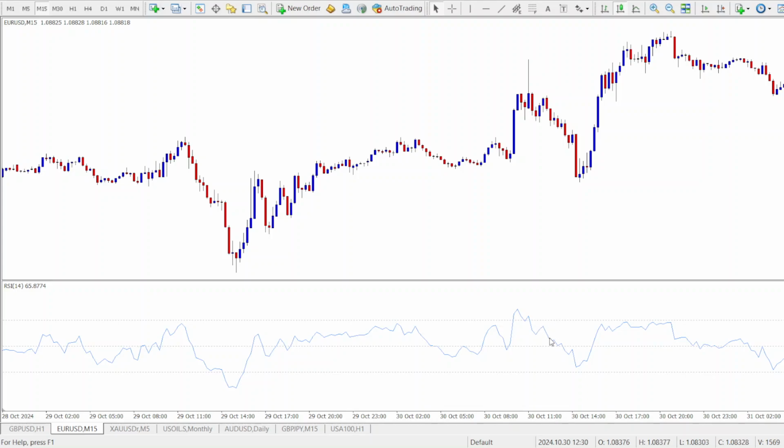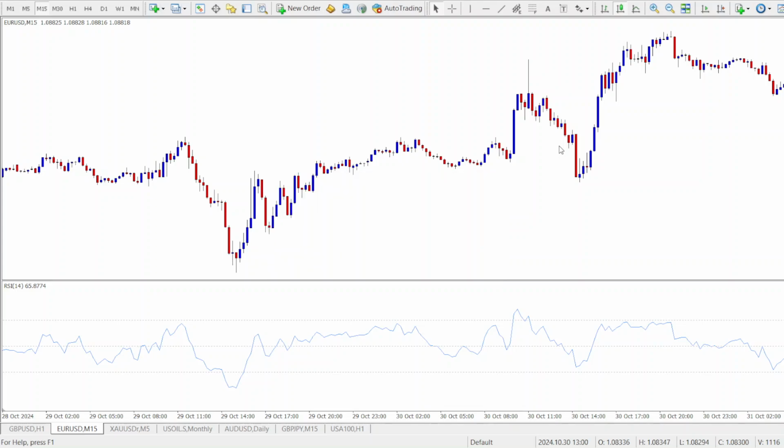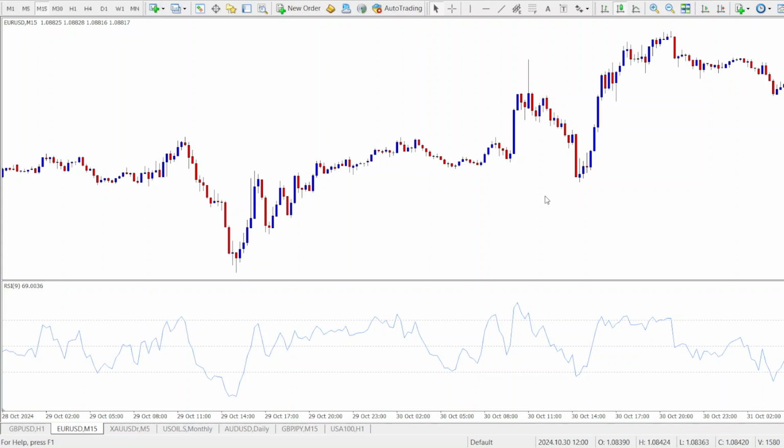With the 14 period, it might take more time for the RSI to give you a buy signal or a sell signal. It may take more time for the RSI to come down from overbought or climb up from oversold compared to the 9 period. Can we see how the indicator adjusted?